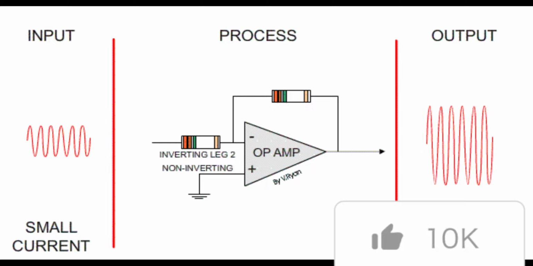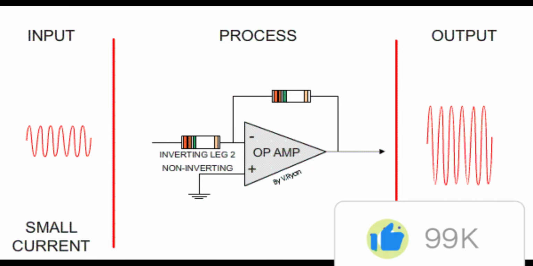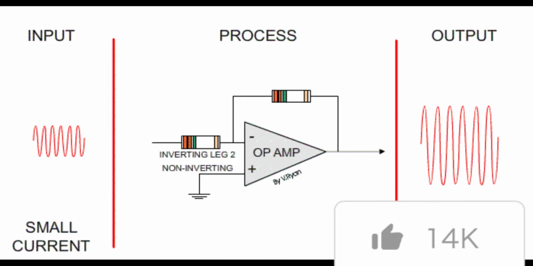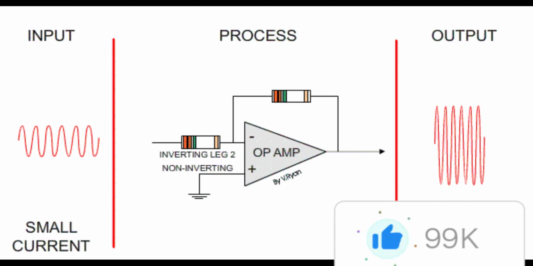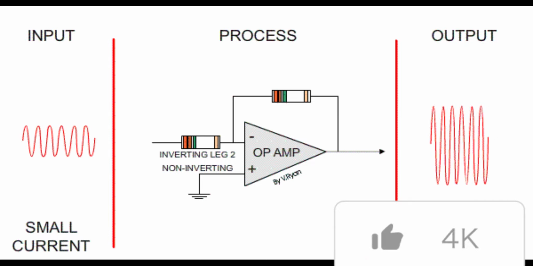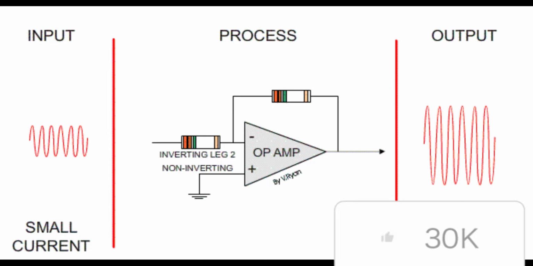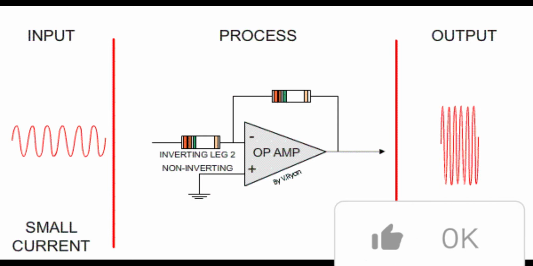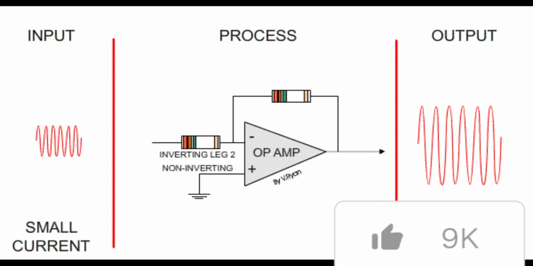Maximum input offset voltage. Due to manufacturing imperfections, differential input transistors in actual op-amps may not match precisely. In an ideal op-amp, if both inputs were zero, it would produce zero output.